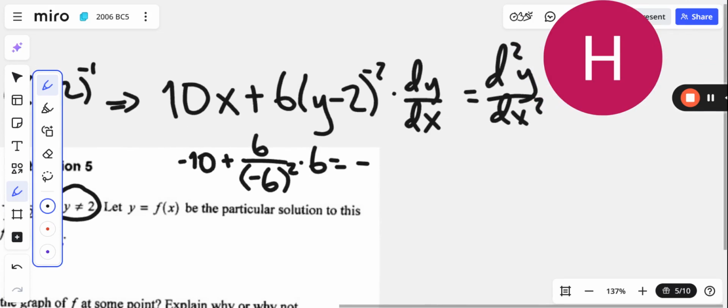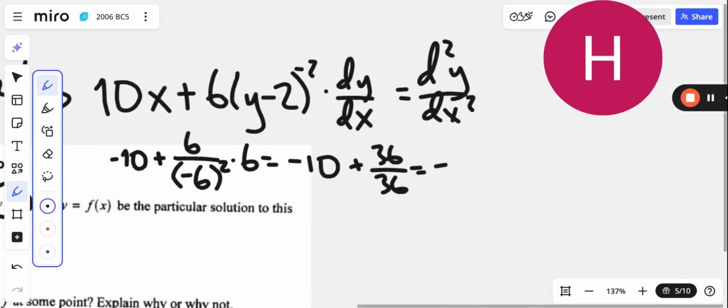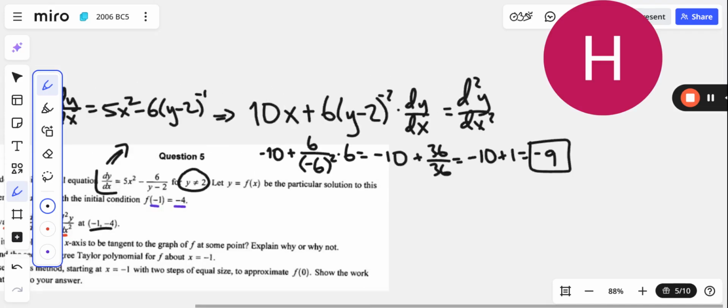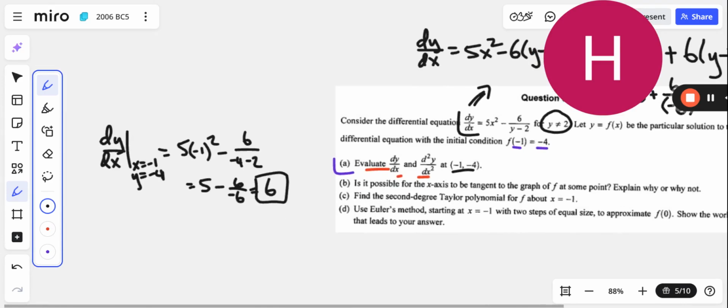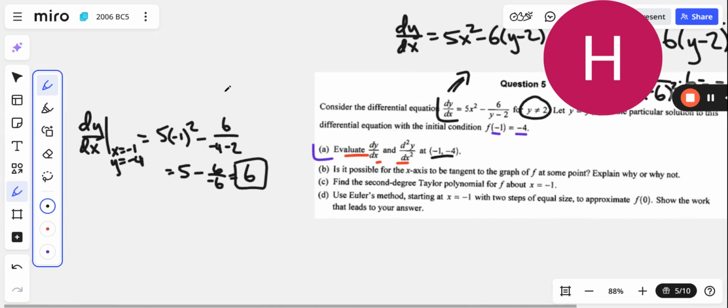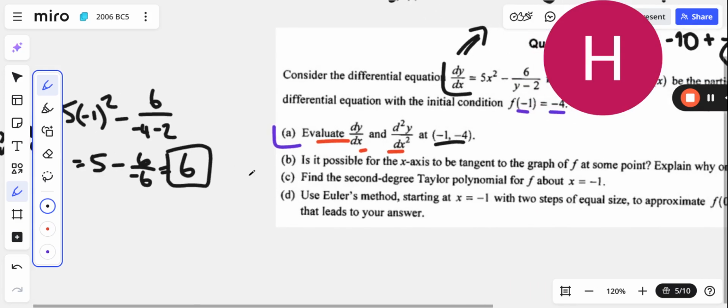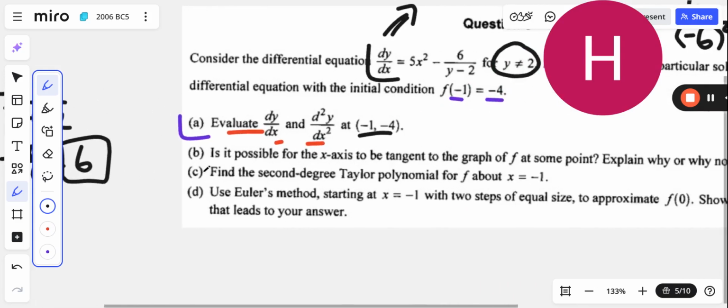Okay, so this is going to leave us with (-10 plus 36) over 36, essentially, which is just -10 plus 1, or -9. So there's our second derivative. There's our first derivative. Pretty straightforward. If you're in BC calculus, this should be very comfortable. Pretty smooth, just taking derivatives, plugging stuff in.